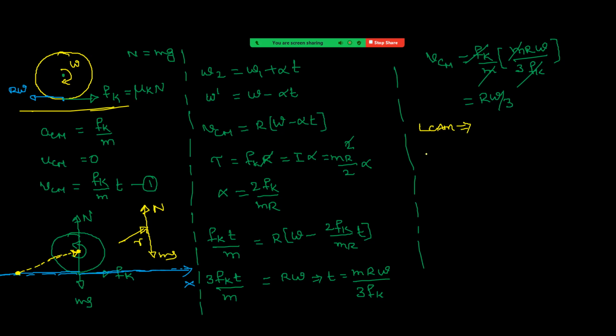Since it is a wheel, mr square by 2 into omega. This is now clockwise. Let us take clockwise as positive. It is completely our choice. So I'm taking here clockwise as positive. That is equal to.